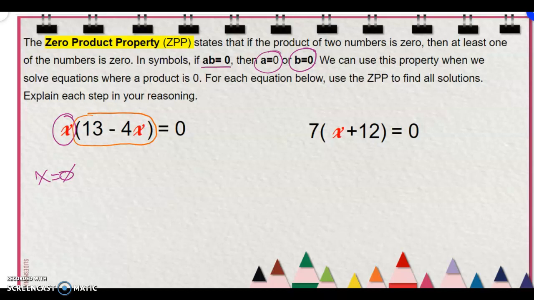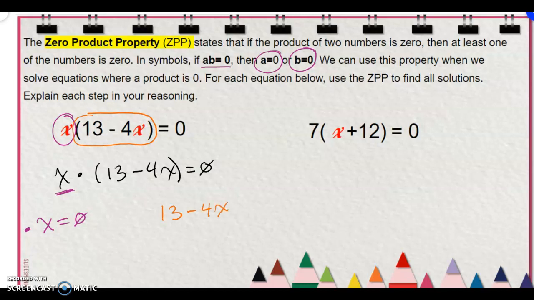So instead of x times parentheses 3 minus 4x equals 0, I'm going to break these apart and set them both separately equal to 0. This x is going to be equal to 0, so that would be one of my options. And the second part right here would be equal to 0. So 3 minus 4x equals 0.